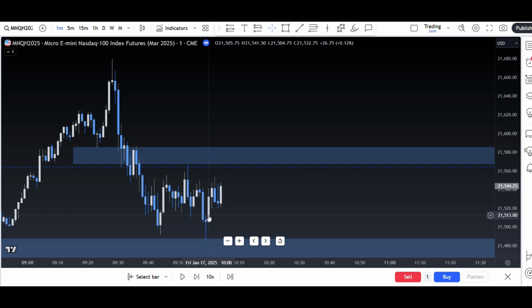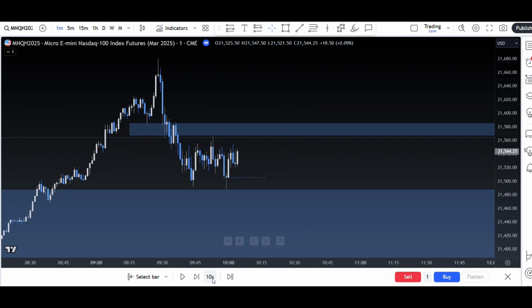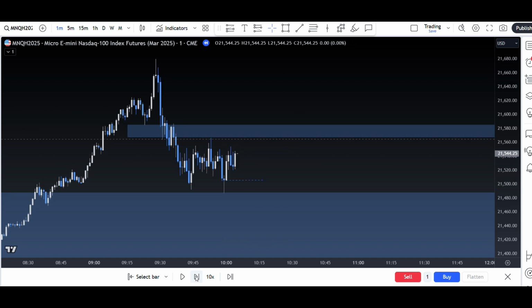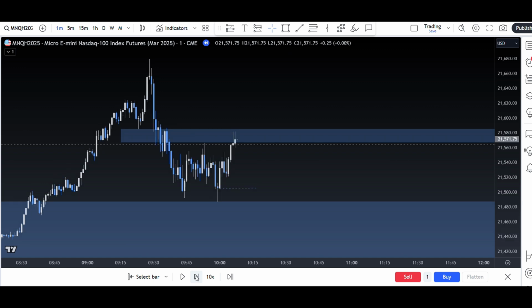We had the 10 o'clock open right here. This is the 10 a.m. open. This is the 1 hour low of the 9 o'clock candle. Here's 9:59. We have price coming to the fair value gap there.